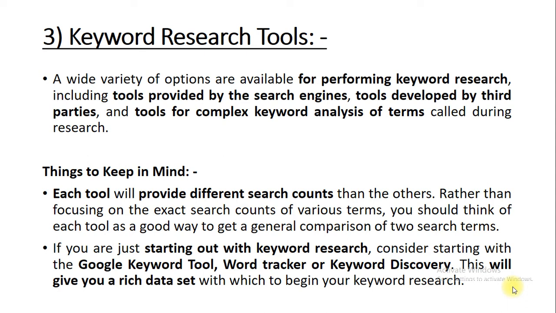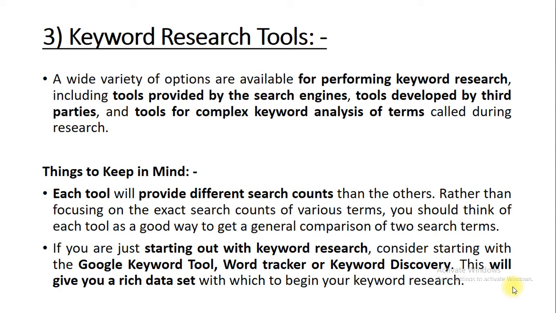You need to keep certain things in mind: each tool will provide a different search count than the others. Rather than focusing on the exact search count of various terms, you should think of each tool as a good way to get a general comparison of two search terms, right? You have many types of tools available in the market, and as and when required, you can use them as per requirement.